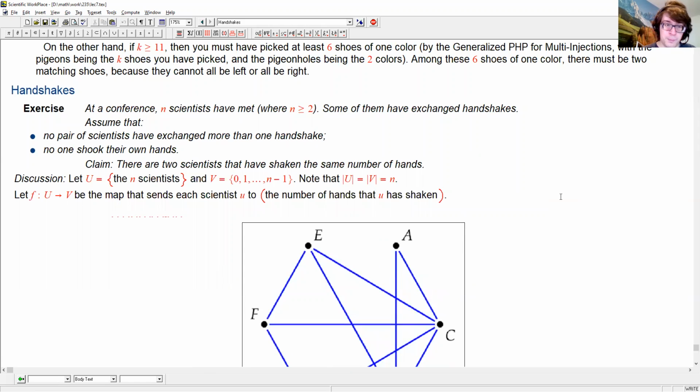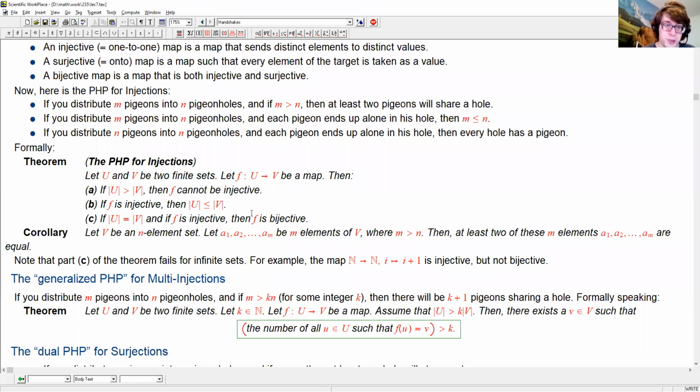Now, let's look back at the pigeonhole principle. Ideally, we want to ensure that F cannot be injective. That would be our claim. Unfortunately, this is not the case. U is the same size as V, not bigger. In other words, we have equally many pigeons and holes, so we cannot quite apply the pigeonhole principle.